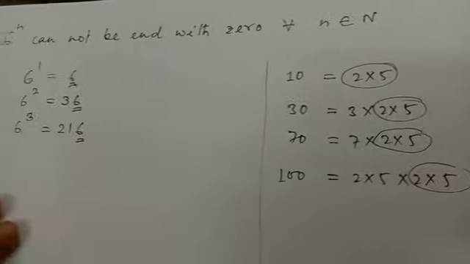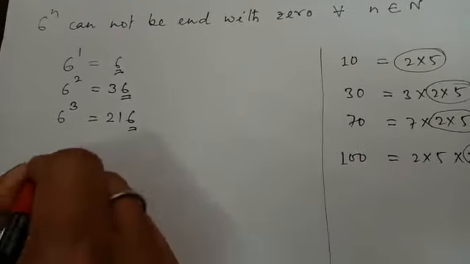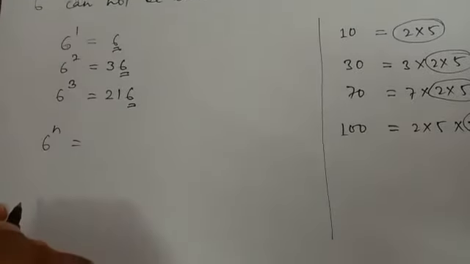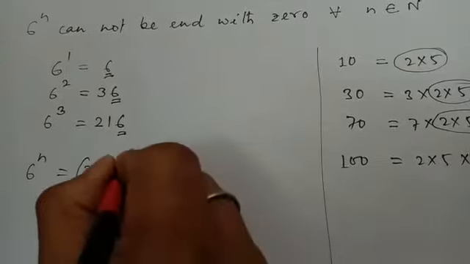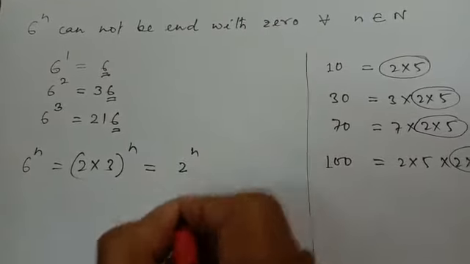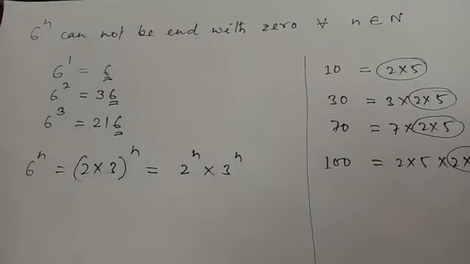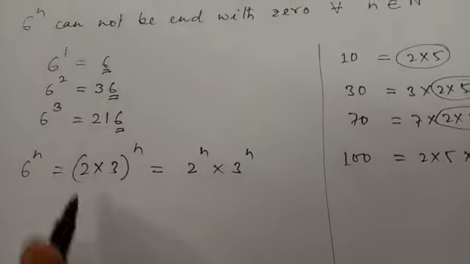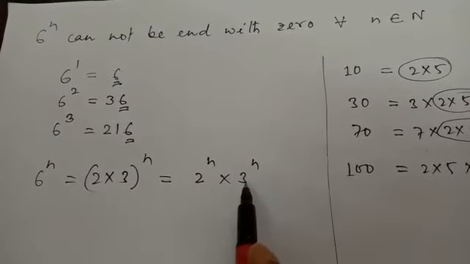Now factorize 6 to the power n. When we prime factorize 6 to the power n, it will be (2 into 3) whole to the power n. It can be written as 2 to the power n into 3 to the power n. So now it is clear that 6 to the power n has only the prime factors 2 and 3.